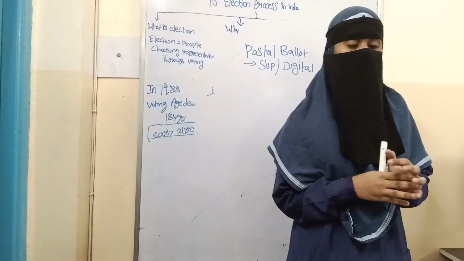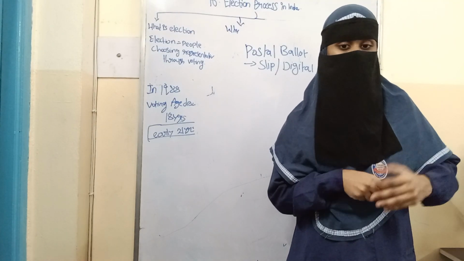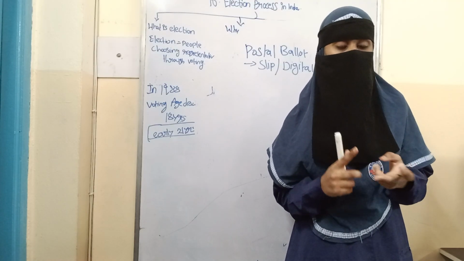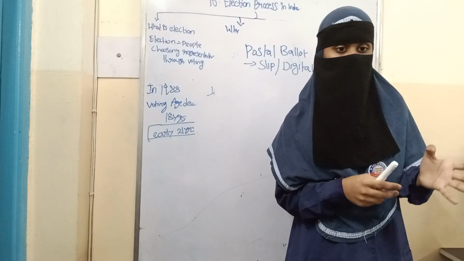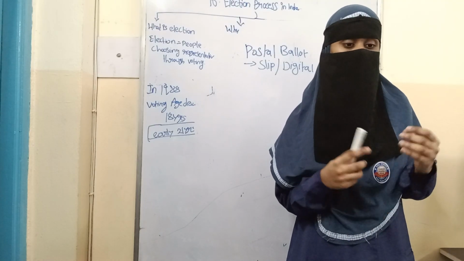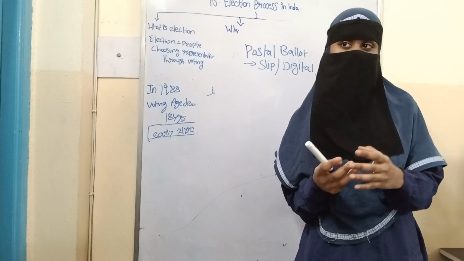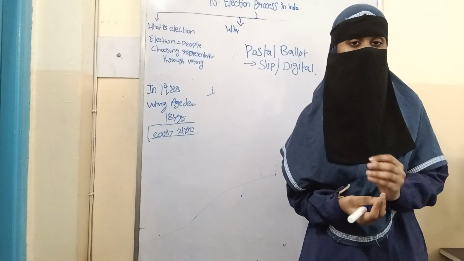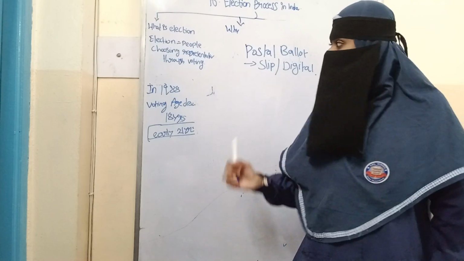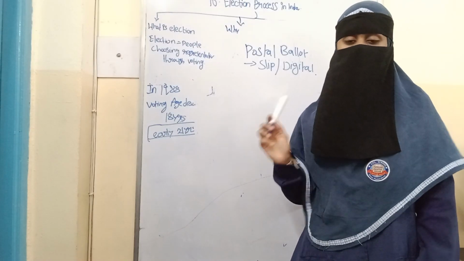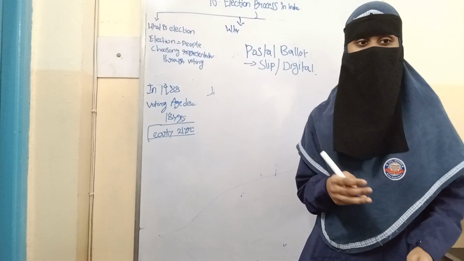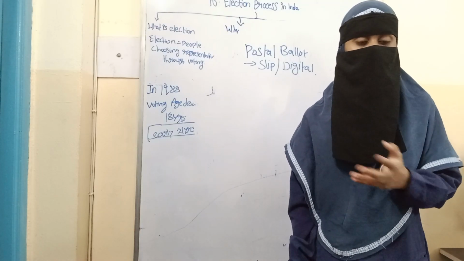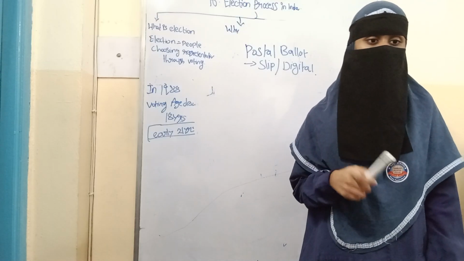Through it, a postman used to bring one slip and one box. The officers used to get a pen and a paper, and write the political party they wanted to vote for, and they used to put that slip in a box. And nowadays it is done digitally. At that time, postal ballot was used for the officers. The postman will go to each and every officer's home and take that slip and keep it. And it is done one day before the elections.